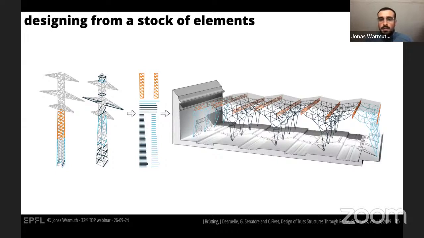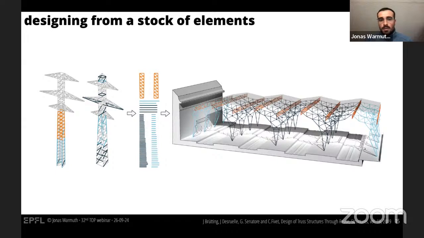So for example, here on the right-hand side, we try to design a new roof structure for a train station. And of course, this is not straightforward, so you need some computational support that tells you where to put which element in your new structure.